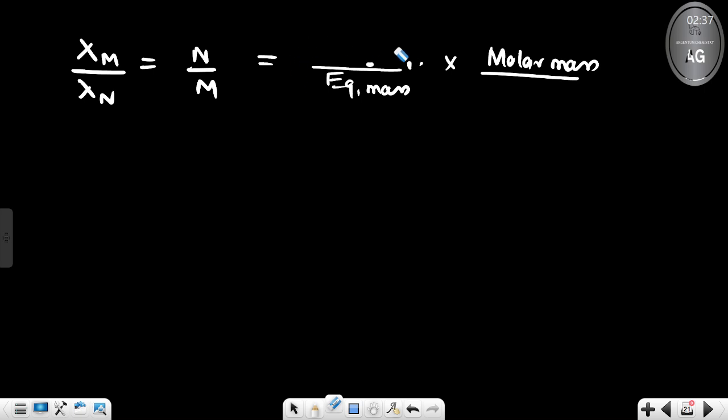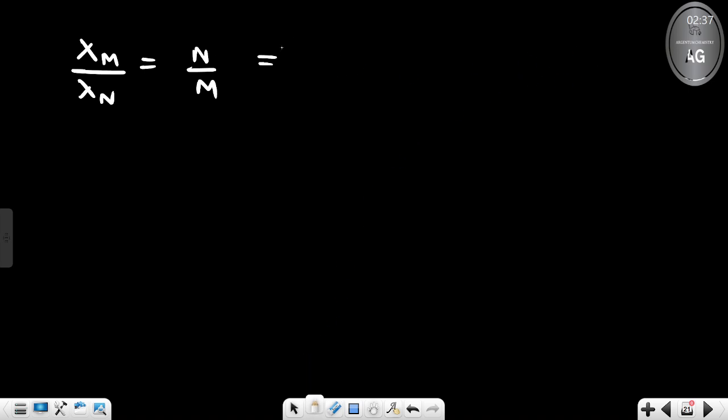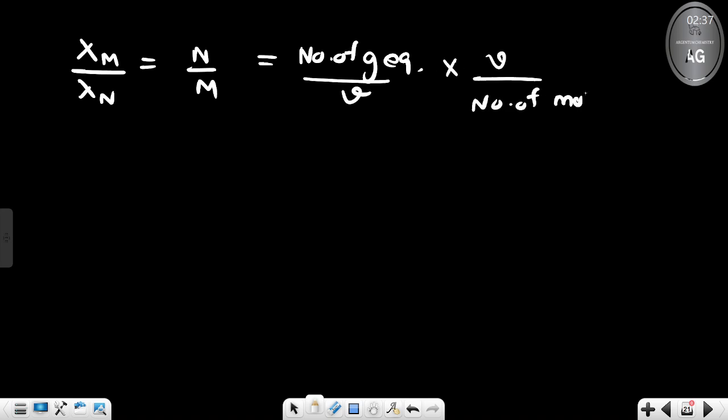My bad, this statement was wrong. Number of this will be number of gram equivalent per unit volume into volume divided by number of moles. Now it is okay. Volume cancels out. Clear? So number of gram equivalent divided by volume into volume by number of moles.